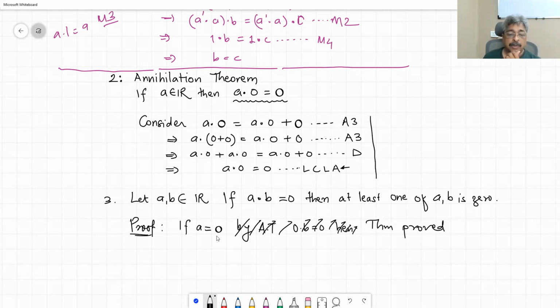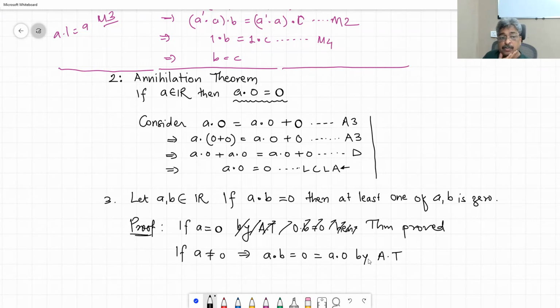Okay. If a is not equal to 0, a into b is equal to 0, which is equal to a into 0 by the annihilation theorem. 0 is equal to a into 0 and a is definitely not equal to 0.